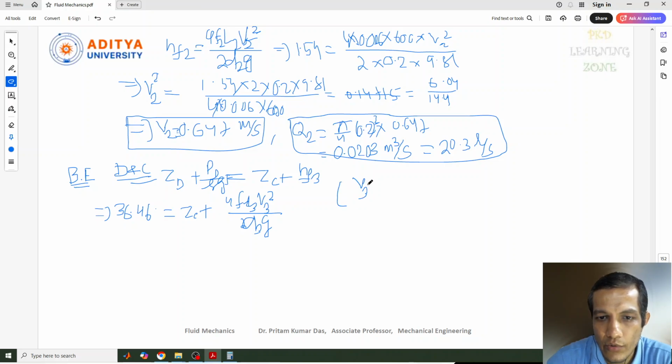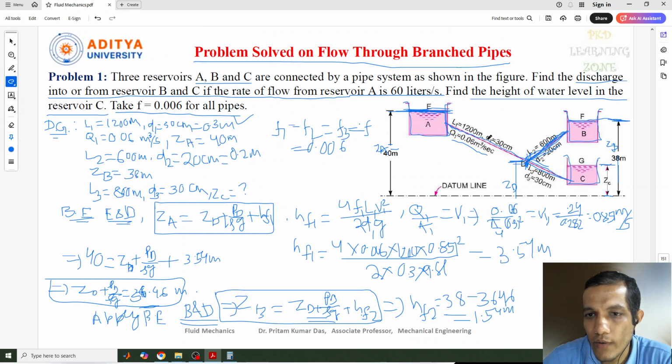V3 equals Q3 by area, so pi by 4 d square. Q3: Q1 plus Q2 equal to Q3.